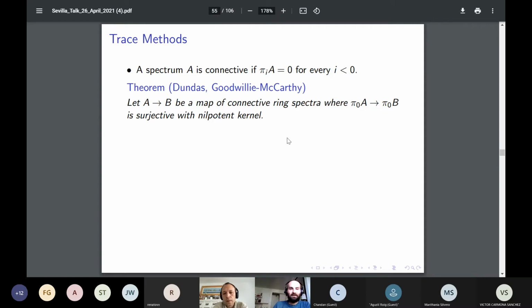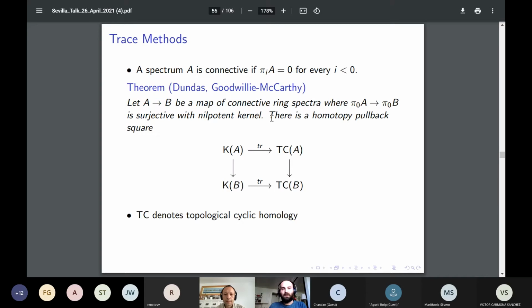And the main theorem of this program, trace methods, is this one, which says that if you have a map of connective ring spectra where the degree 0 map is surjective with a nilpotent kernel, then there is a homotopy pullback square where TC here denotes topological cyclic homology, which is something I'm going to define in a little bit.